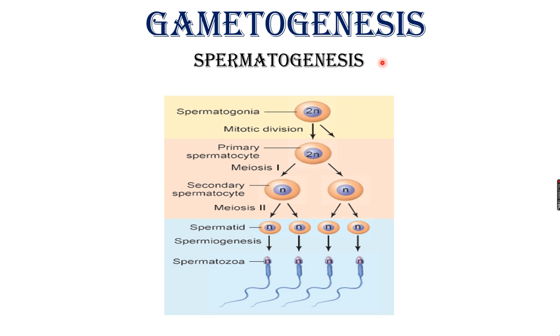Now coming to gametogenesis, the production of gametes. First, in males, spermatogenesis, the production of mature spermatozoa. The spermatogonia, or sperm mother cells, undergo mitotic division, so the same diploid number of primary spermatocytes are produced.